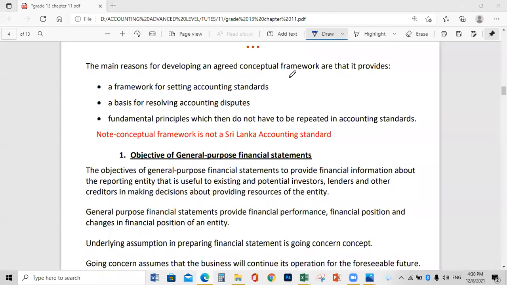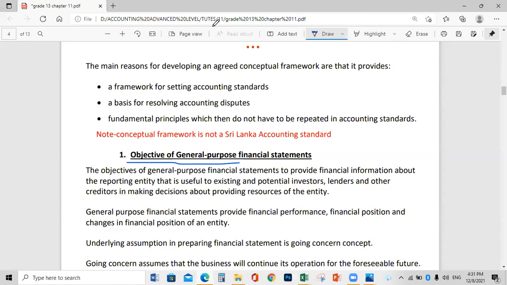For example, the definition of an asset is told in the conceptual framework, so no standard will define it. The objective of financial statements is also told in the conceptual framework, so other standards do not have to repeat them.